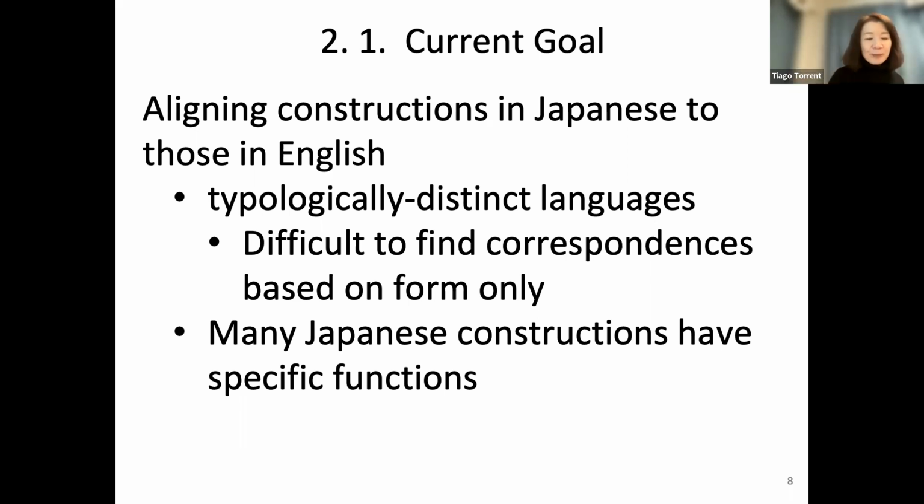And also, many Japanese constructions seem to have conventionalized functions built into them. And that is something that we are really focusing on.